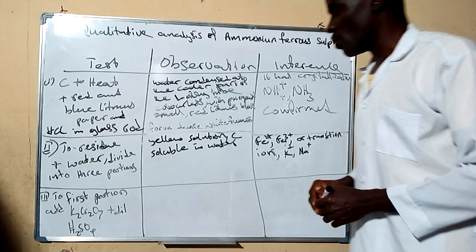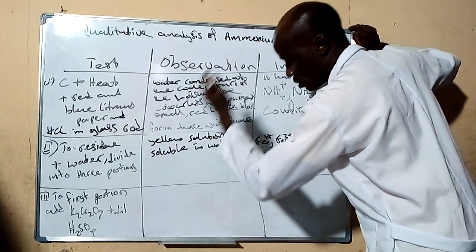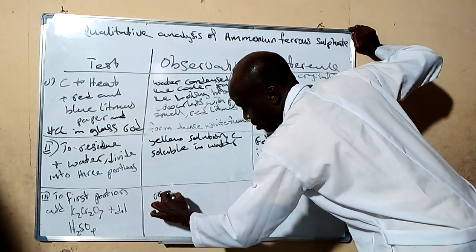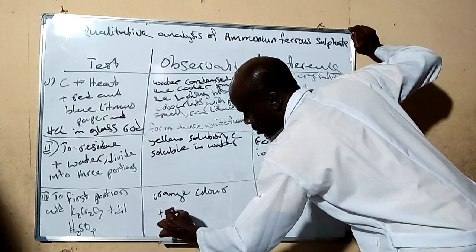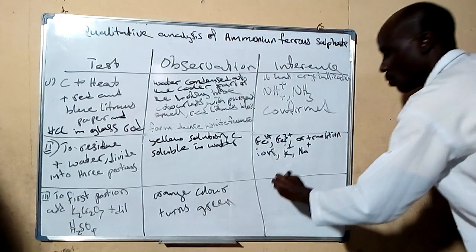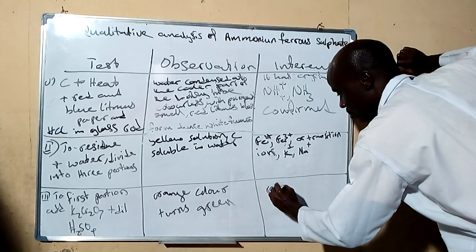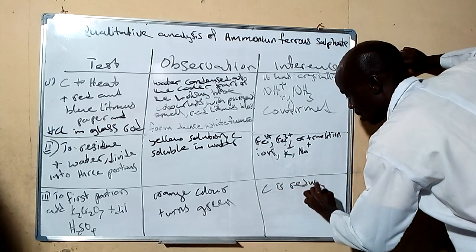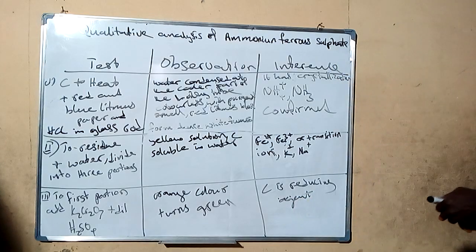When we divide into three portions, to the first portion we add potassium dichromate and dilute tetraoxosulfate(VI) acid. We notice that the orange color turns green, an indication that C is a reducing agent.